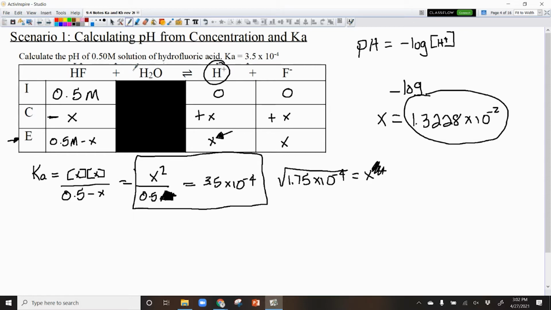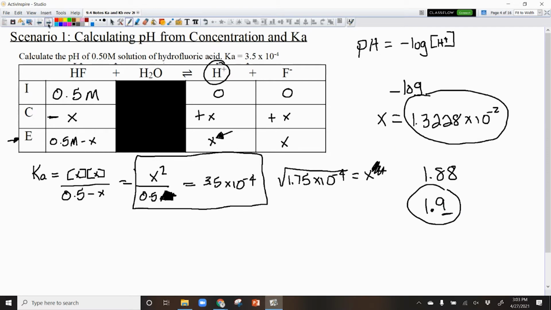So negative log of that is going to be 1.88. Okay, and how many sig figs? 1 sig fig. Okay, so it's going to be 1.9 for our pH, because remember, the decimal places in the pH are the sig figs. So it's 1.9. All right, so that's scenario 1.